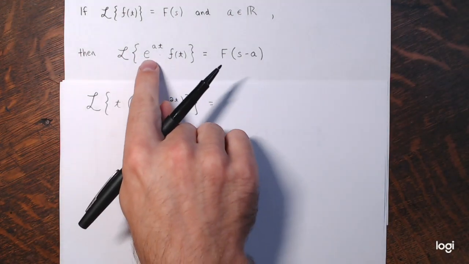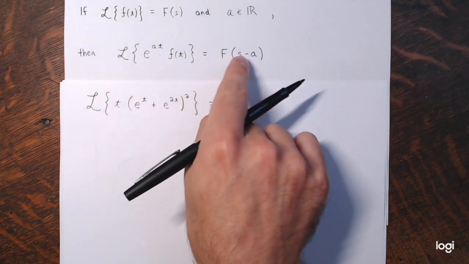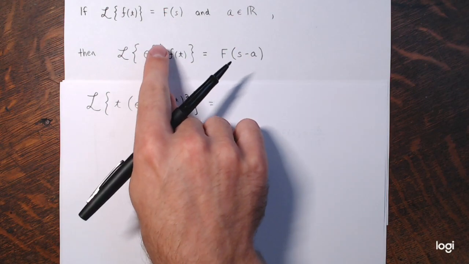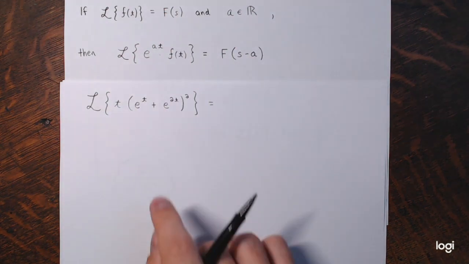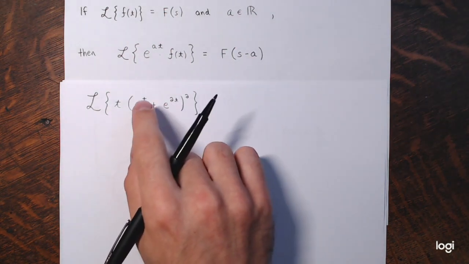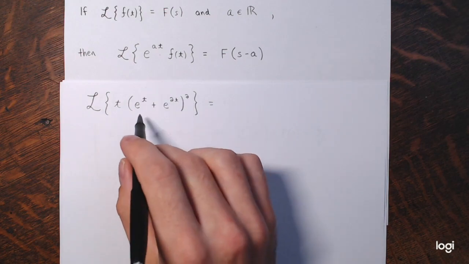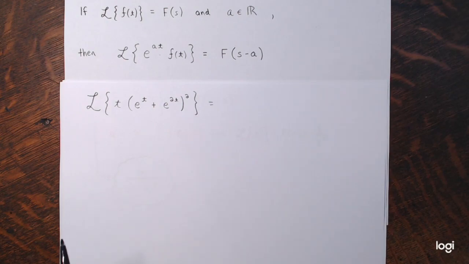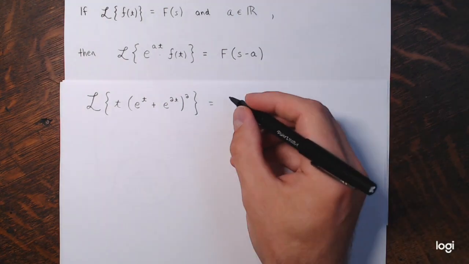This first translation theorem involves just a single power of e times a function of t, not this sum of powers of e, nothing like that. So I'm going to expand this, and then we'll go term by term, using the linearity property of Laplace transforms.